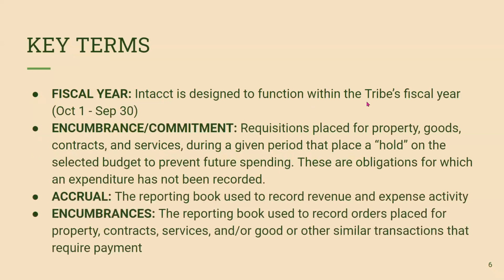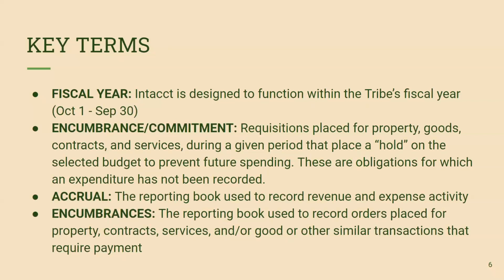So some of the key terms we will probably hear throughout this presentation is the fiscal year, which is the Intacct is designed to function within the tribe's fiscal year, October 1 to September 30th. Most of our funding sources work that way, but we do have some programs and grants that don't run within the tribe's fiscal year.